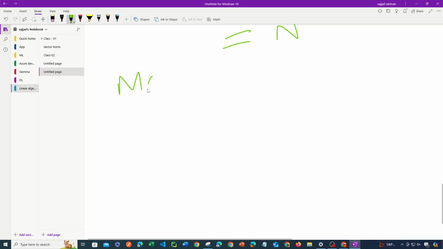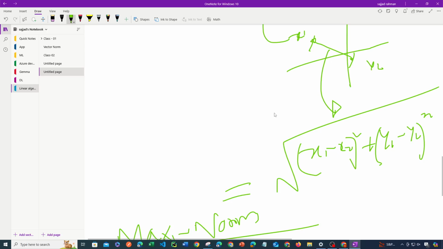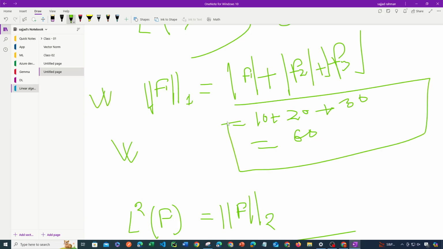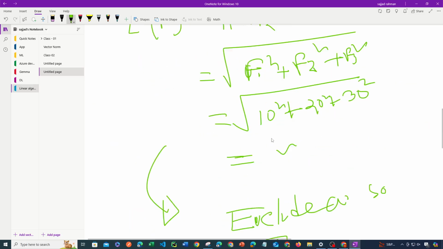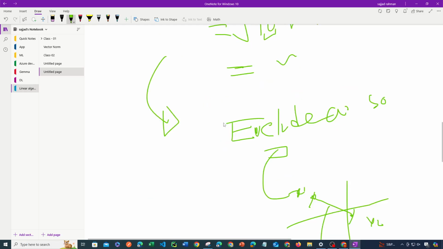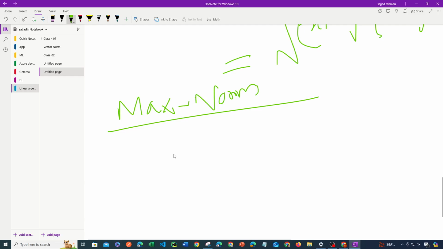Now the third one, max norm. We already saw two types of vector normalization. One is where we calculate the cumulative sum of all the element values. Another is where we calculate the squared values, and then find the square root. This is the L2 norm. And for the third, sometimes the notation is like this, infinity.